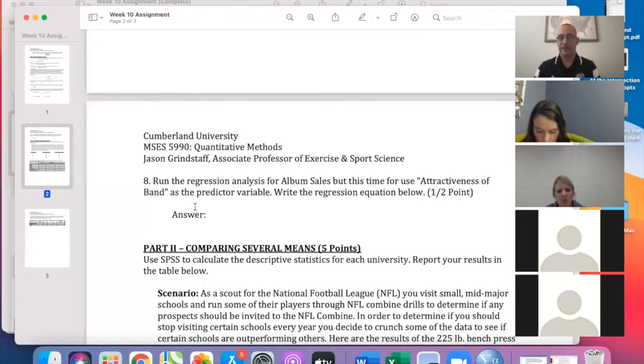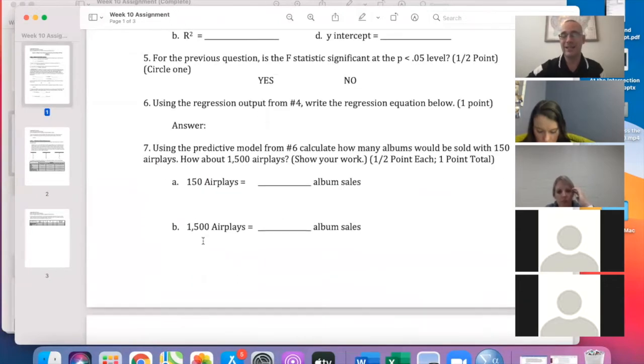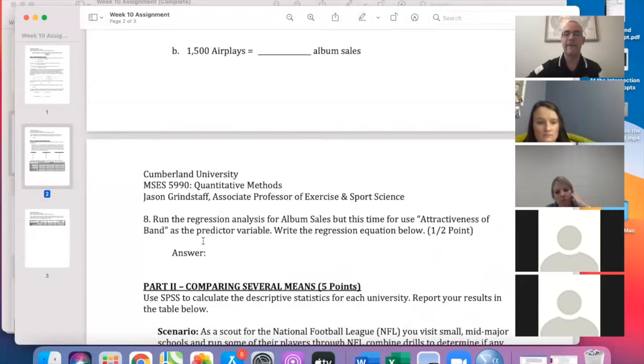Album sales? It is. It's still album sales. And now instead of airplays as our independent variable, our predictor variable, what's our predictor variable? Not airplays, but what? The attractiveness of the band. Okay.